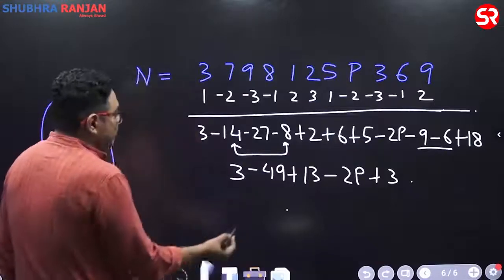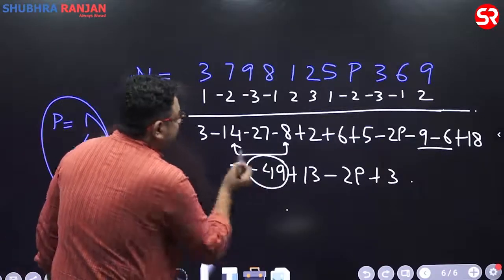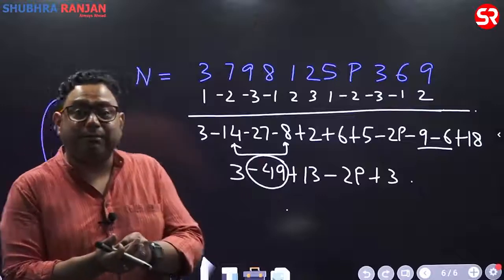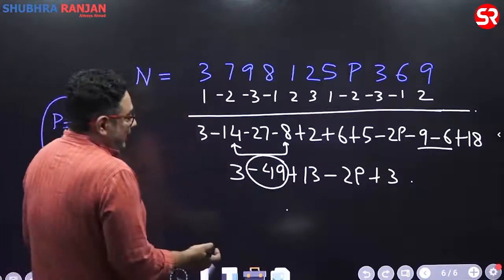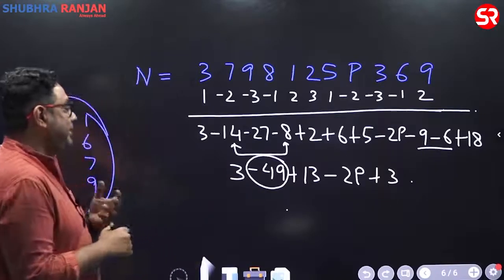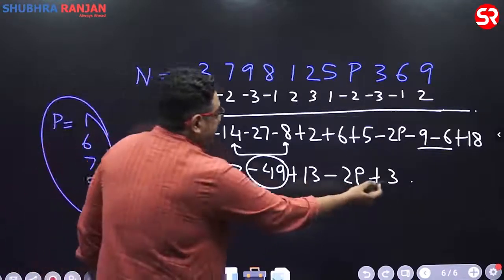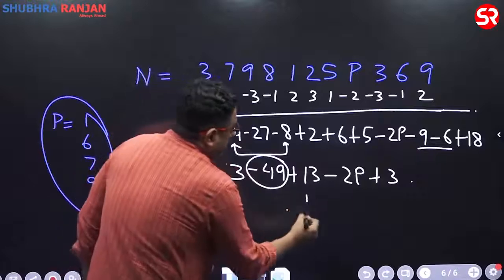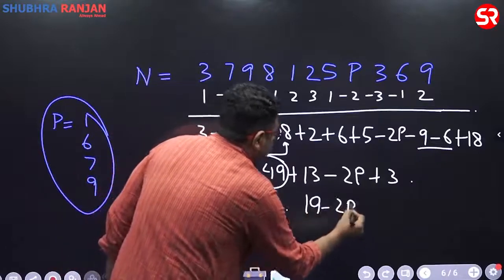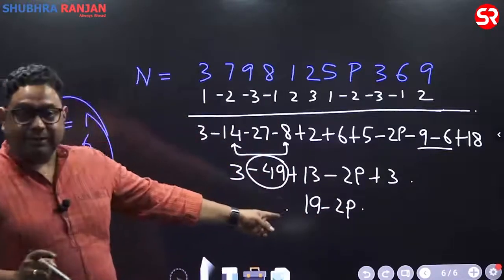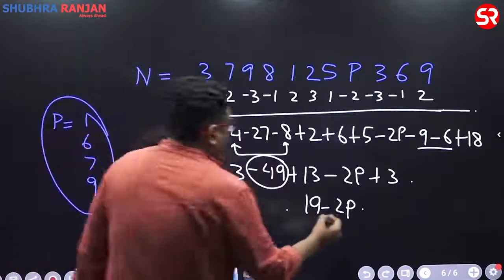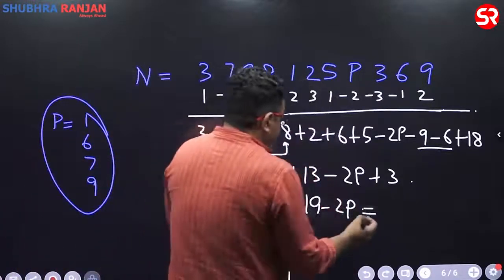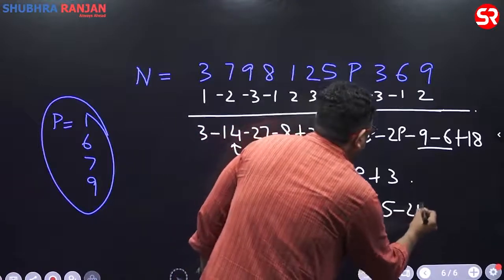So why do you want to bother about minus 49? Ignore it, because minus 49 is a multiple of 7. All right. So what are you left with? You are just left with, see this, 3 plus 3 is 6, 19 minus 2P. And 19, when divided by 7, comes out to be what? Right? Just check out 5 minus 2P.